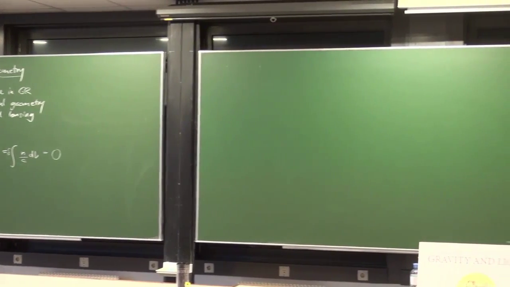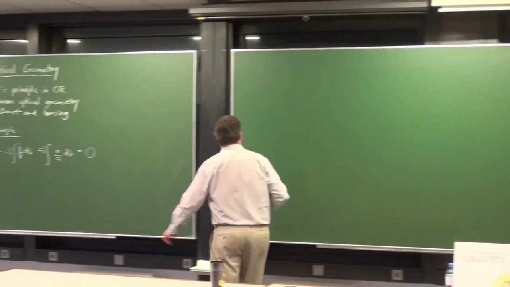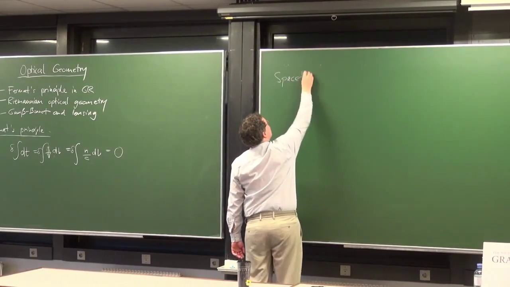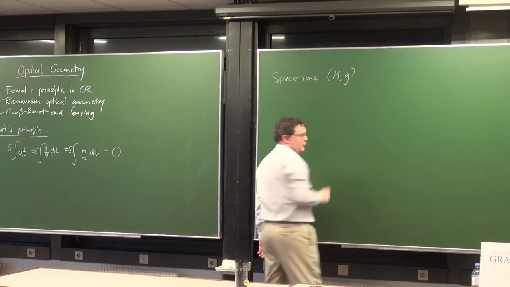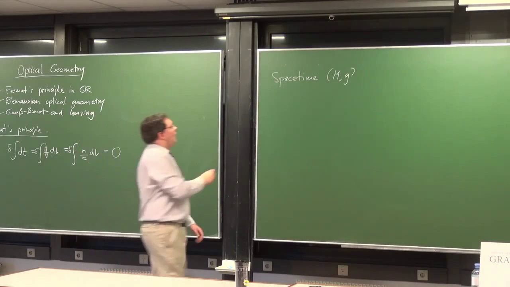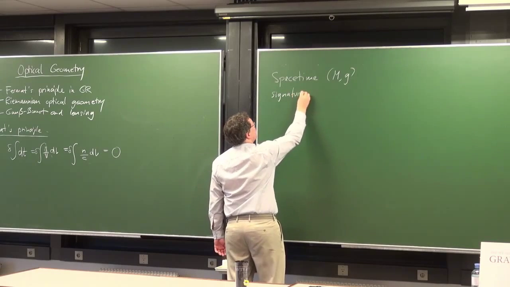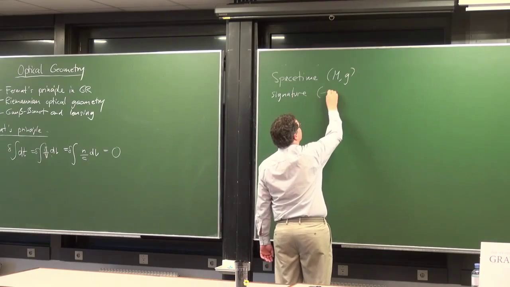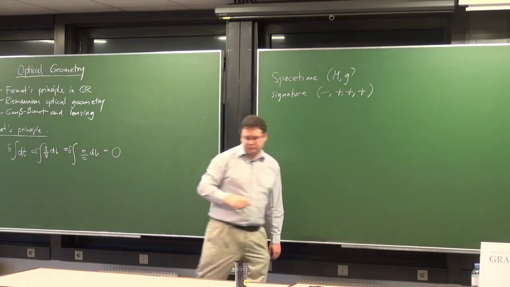I'm not sure if you've covered stationary spacetimes in the lectures in detail. So our setup: we look at spacetime. That's a 4-dimensional differentiable manifold endowed with a Lorentzian metric. And the signature I'm going to use will be minus plus plus plus. Like this, right?